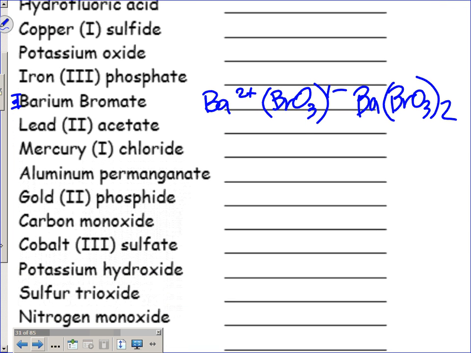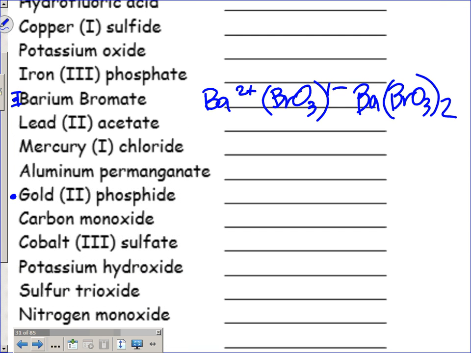Gold phosphide. Okay, so gold is a metal. We all know it's a metal, right? But it happens to be a transition metal, so it has a transitional charge. So I tell you the charge by showing you this, right? So I'm telling you gold, which is Au, has a charge of 2+. So if you find the first one's charge, it's an ionic compound. You have to find the second one's charge. Phosphide has the ending of ide. The ides are the easy ones. Ides are picked straight off the periodic table, no polyatomic ion craziness involved.